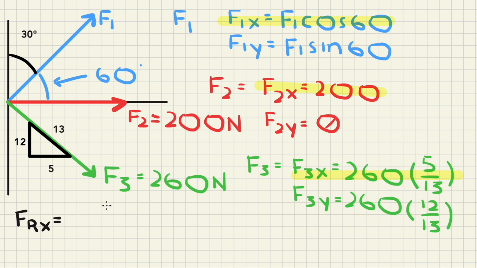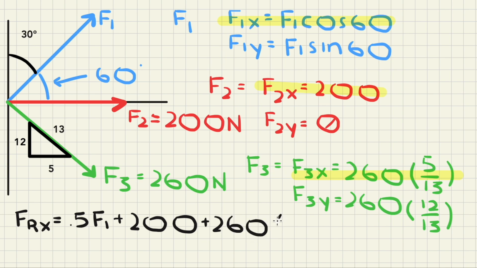So cosine of 60 is 0.5. So we're going to write 0.5 F1, since we still don't know what that value is, plus the 200 plus the 260, 5 over 13.